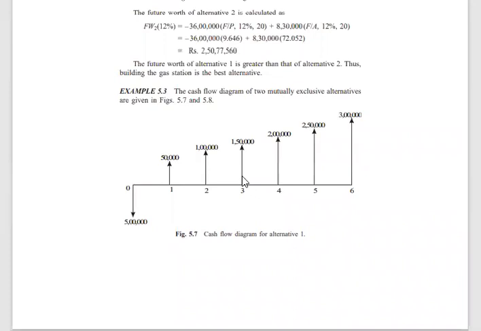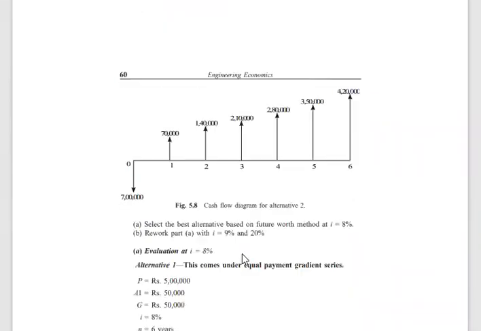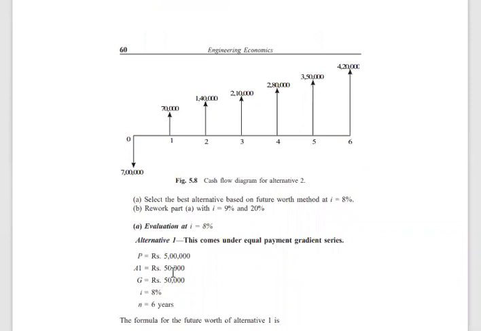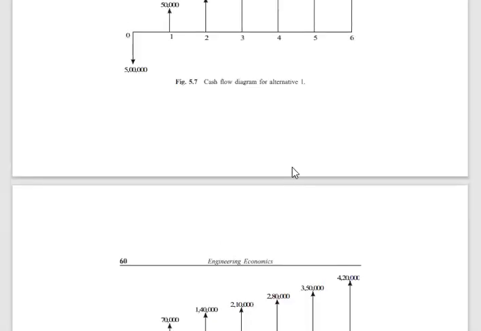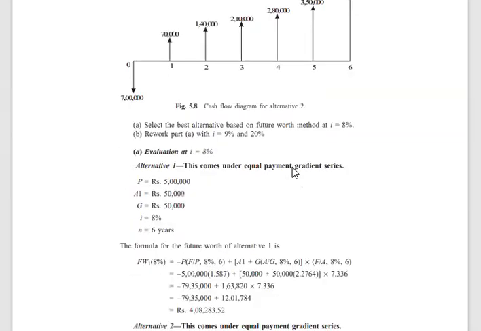A1 is the income during the first year. I hope you remember that we already saw this in the present worth method of comparison. A1 is the income during the first year, and G is the annual increase in the income. Here they have given a 6 year tenure, so the lifespan N is taken as 6 years.